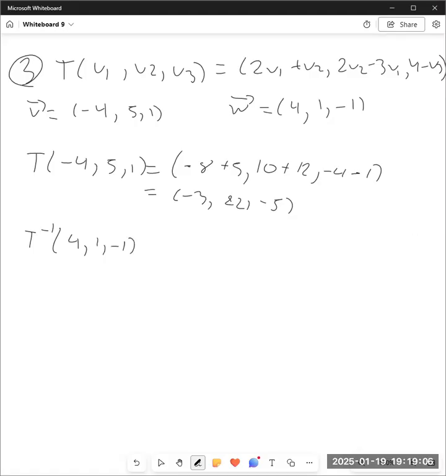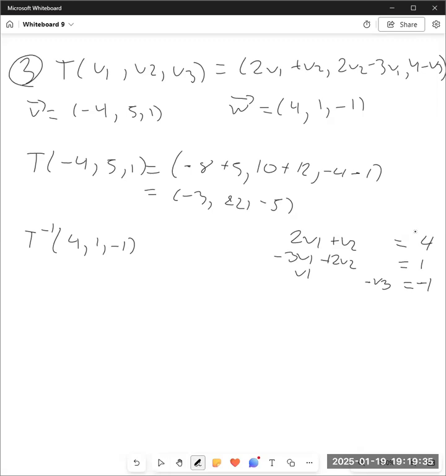So that is 2V1 plus V2 is equal to 4, -3V1 plus 2V2 is equal to 1, and V1 minus V3 is equal to -1.